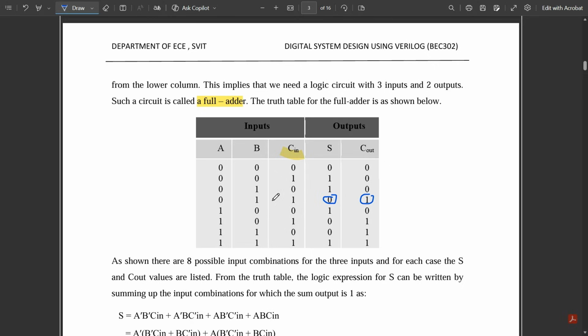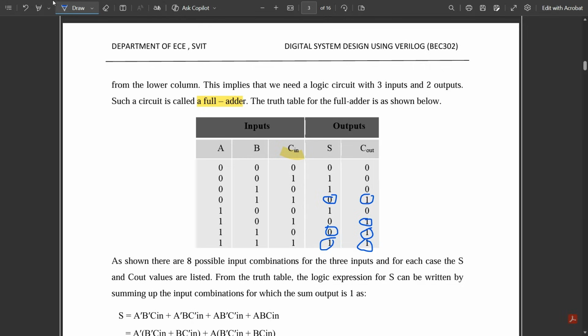Next, 1 plus 0 plus 0 is 1, no carry. 1 plus 0 plus 1 is again 2, 1 carry is generated and the sum is 0. 1 plus 1 plus 0 is again 2, carry is generated, sum is 0. And 1 plus 1 plus 1 is 3, which is represented in binary as 11, so sum is also 1, carry is also 1.